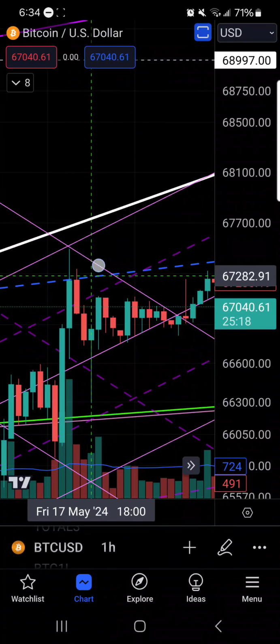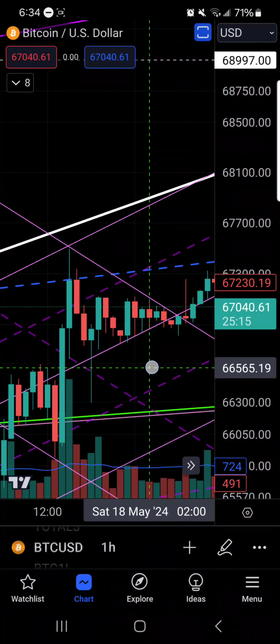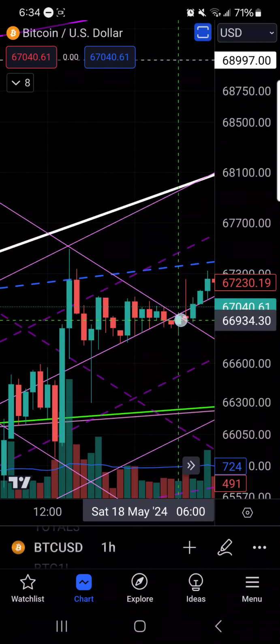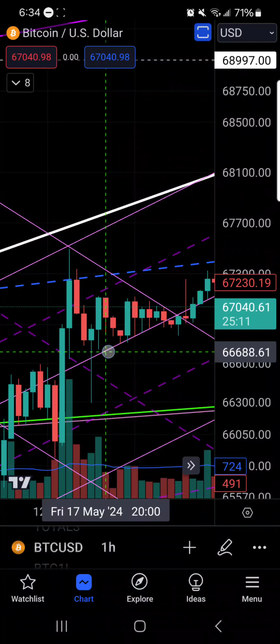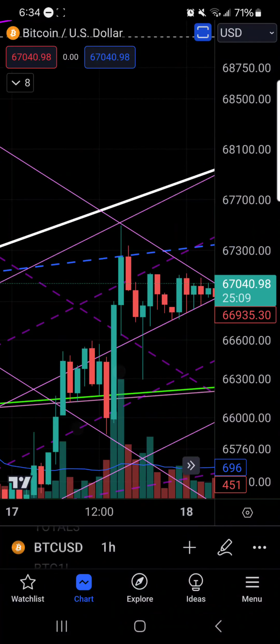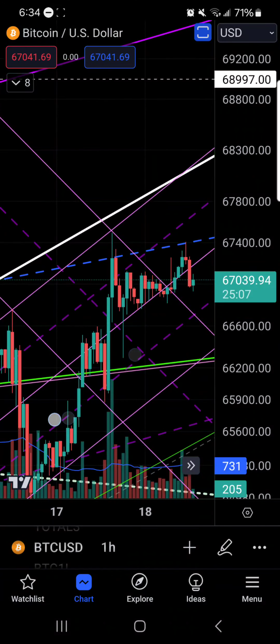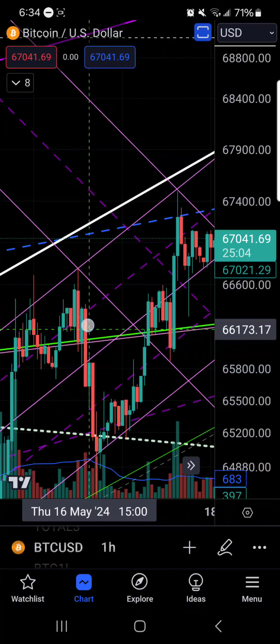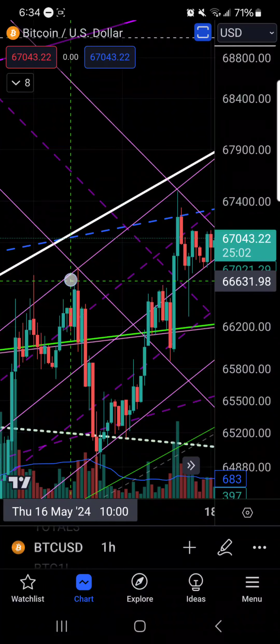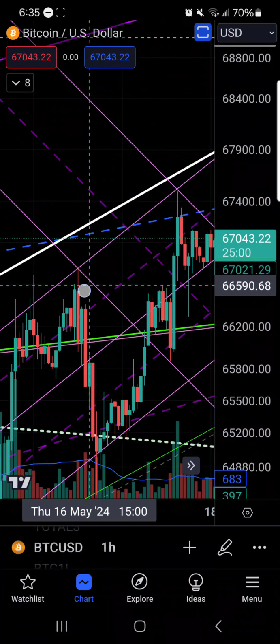You can see clearly I've drawn these very accurately to capture all the little wicks here. And even when you go back here, the intersections of these lines are capturing all these wicks.